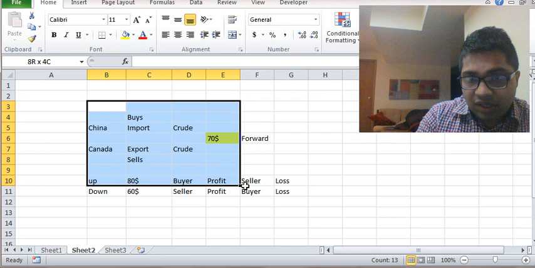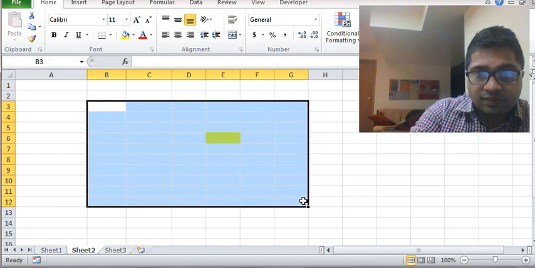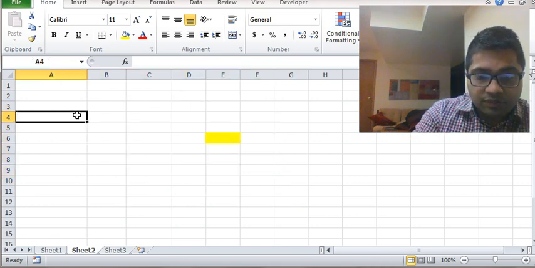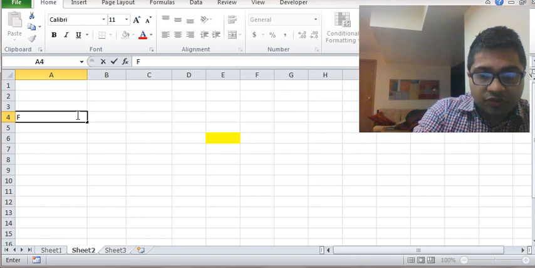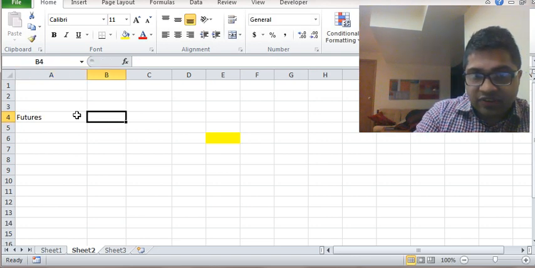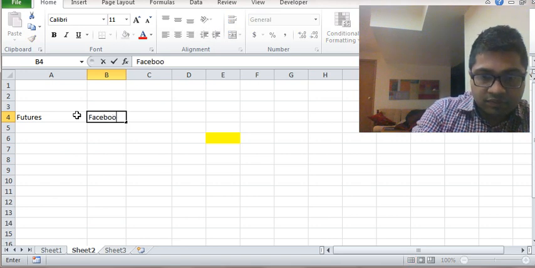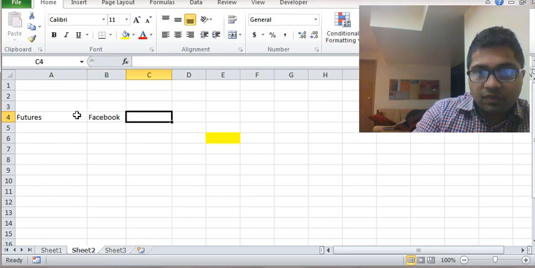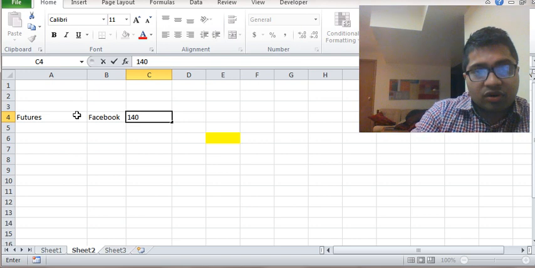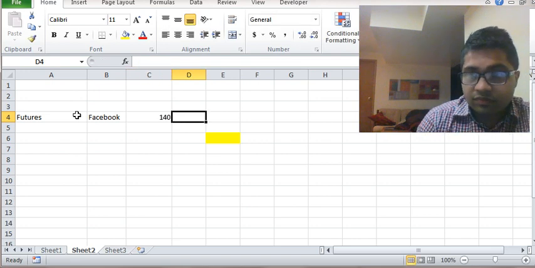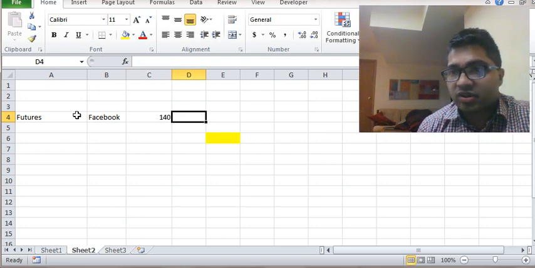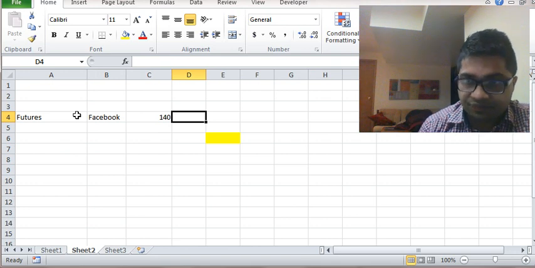Now let's go to futures. Let's say there is Facebook stock that is traded at $140. The current price of Facebook is $140.